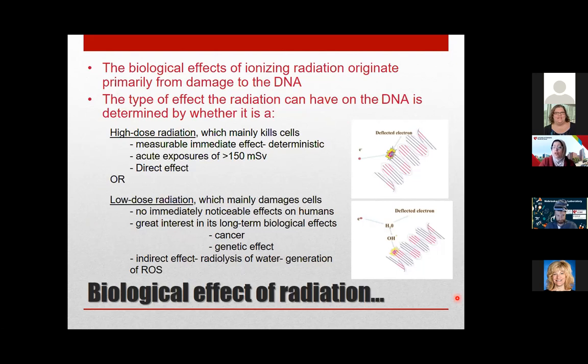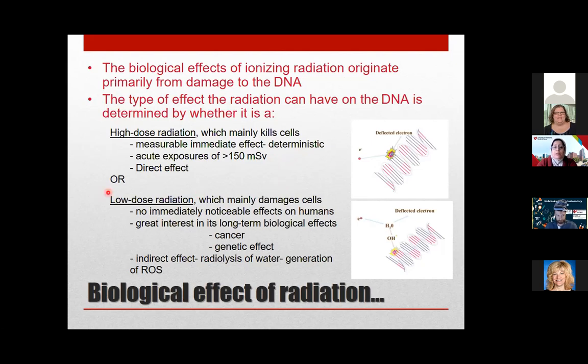They have a threshold to occur above 150 millisievert, and their interaction with the DNA is direct, as shown on this sketch diagram, where it hits the DNA directly and leads to that damaging effect. These effects are manageable, as recovery and repair can occur.